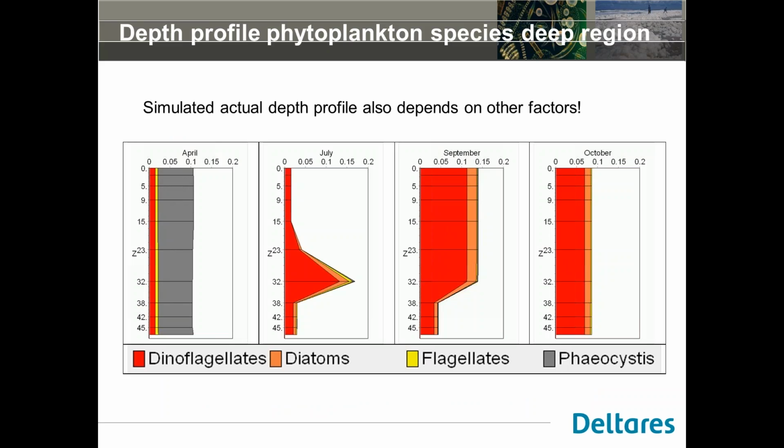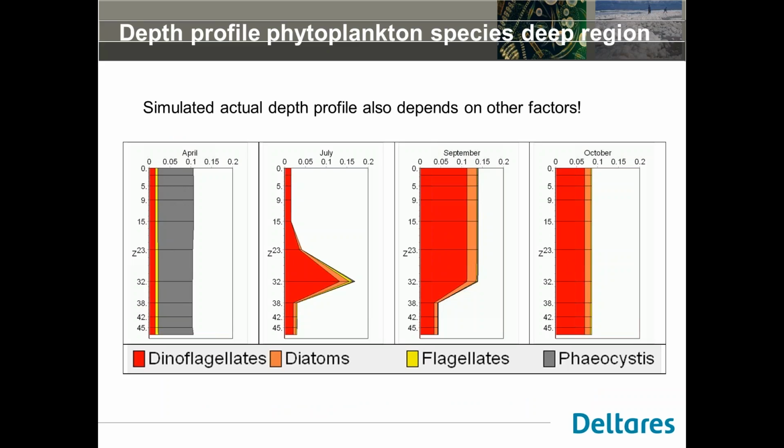But apart from this, also other factors play a role. And so the resulting vertical profile that you may compute with the model is also determined by these other factors. So this shows a representative series of plots for the depth profiles of algae in a deep region somewhere in the North Sea.